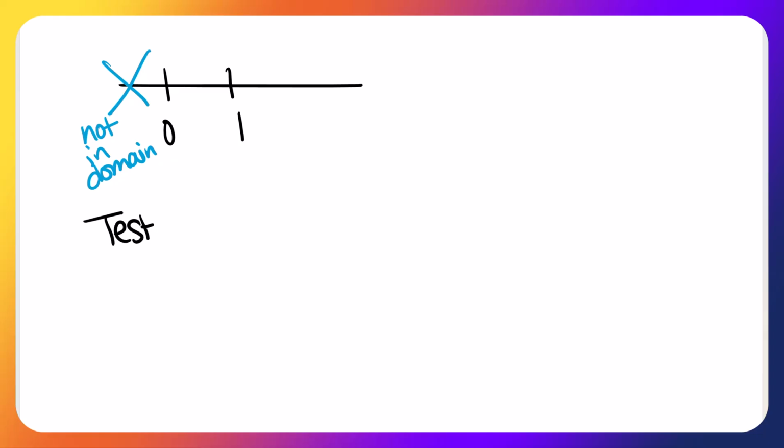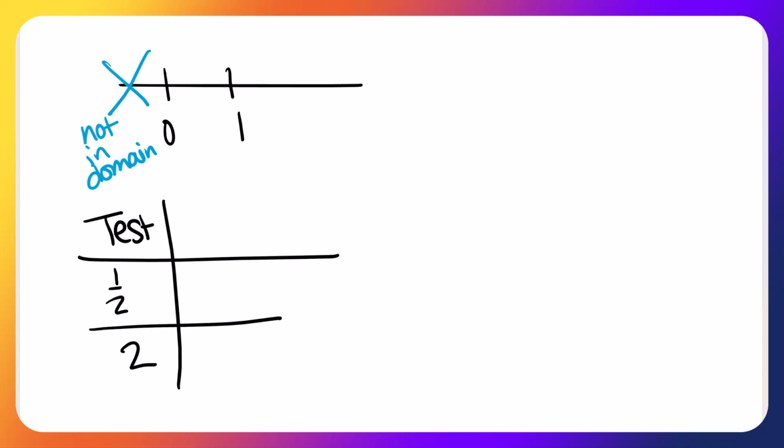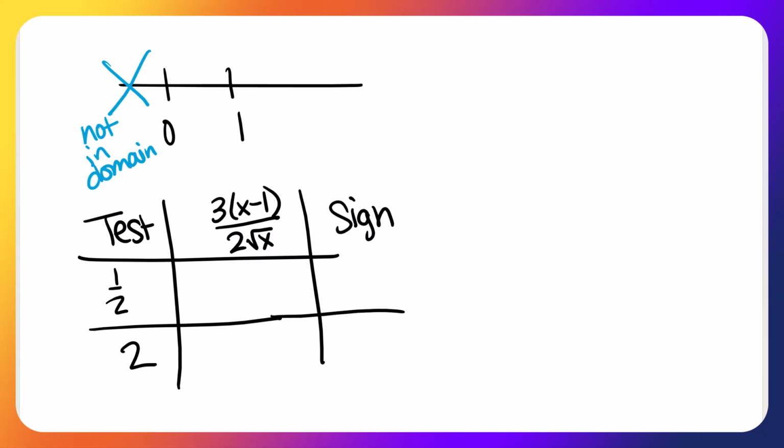All right, so as I pick my test values, I want to pick something in between 0 and 1. So let's do 1/2, and then something on the right side of 1. And then remember, we're plugging this into our derivative. So that was 3 times the quantity x minus 1 over 2 times the square root of x. And we want to look at the sign of that.